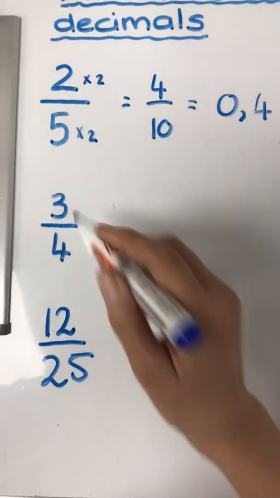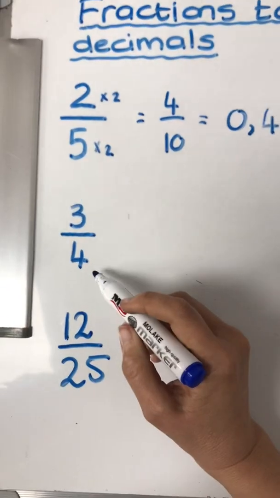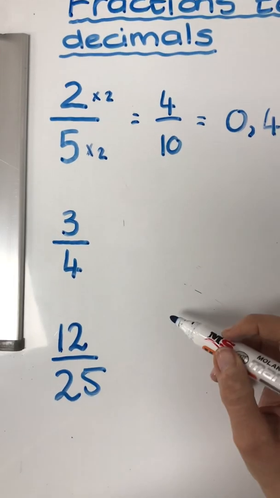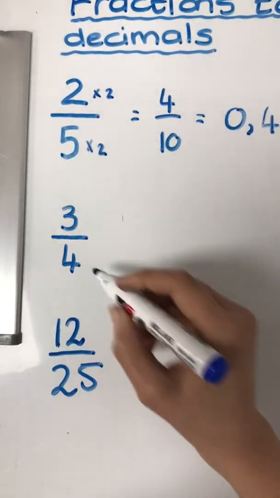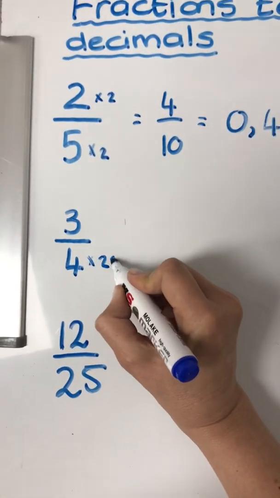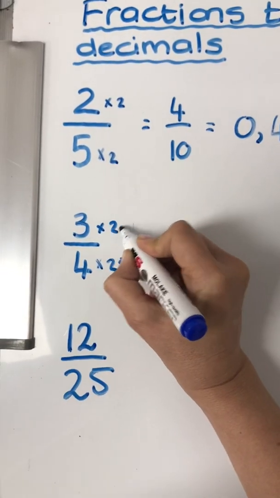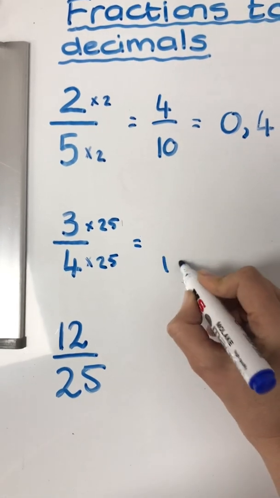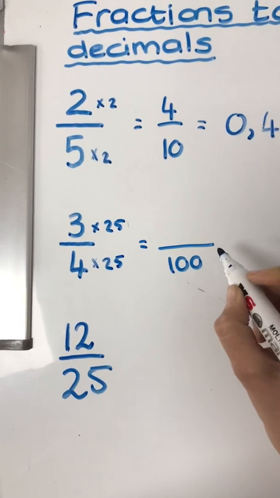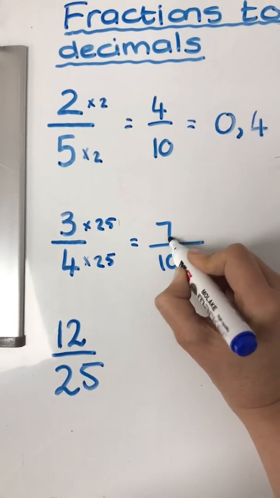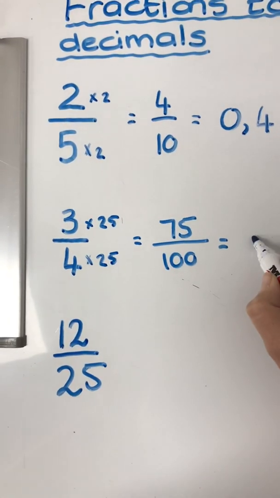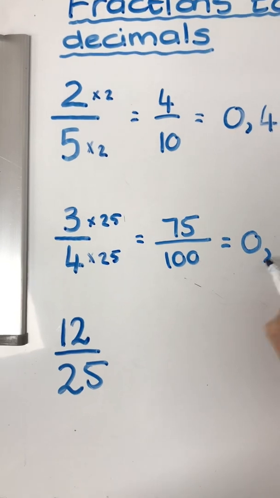Now we're going to work with 3/4. The 3/4 we cannot convert to tenths, but we can convert it to hundredths. So I multiply by 25 at the bottom and I multiply by 25 at the top. That leads me to 100, and 3 times 25 is 75. Again I've got no whole numbers, so I put a 0 and a comma.